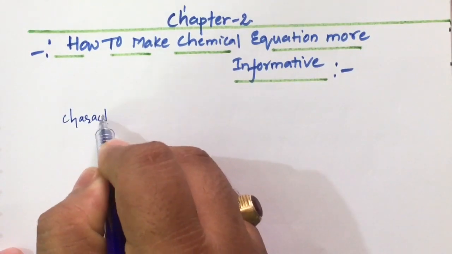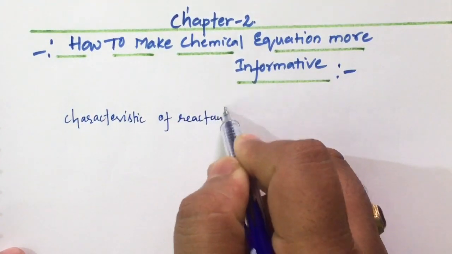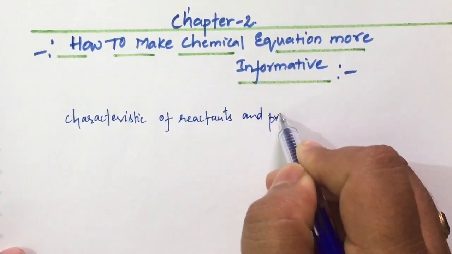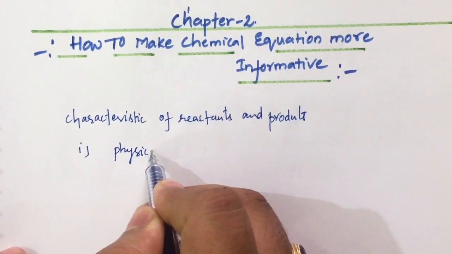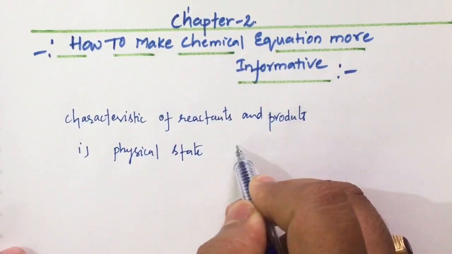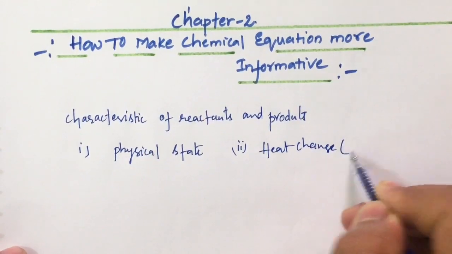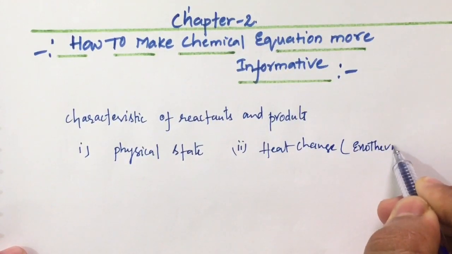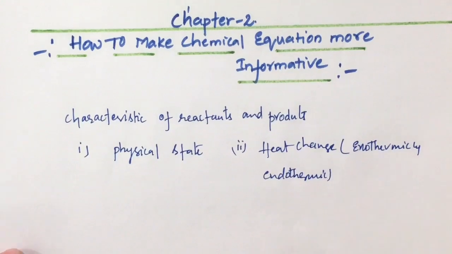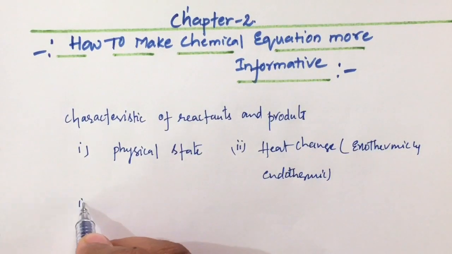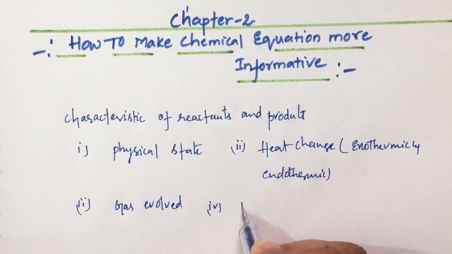So those characteristics are: first, physical states; second, heat change, that is, heat change of two types, exothermic and endothermic; third characteristic, gas evolved; fourth one, precipitate formed.